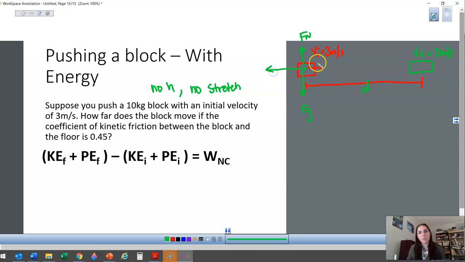Usually you don't draw the motion of the object on a free body diagram, but it's okay. So what I'm going to say here is that all of my kinetic energy goes into the work done by friction.